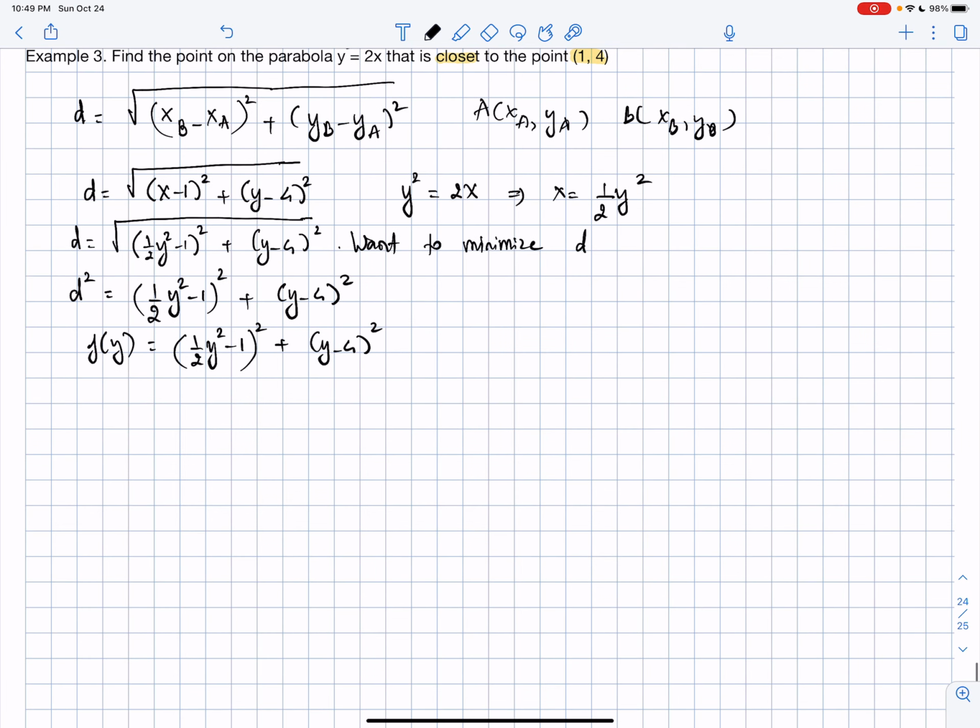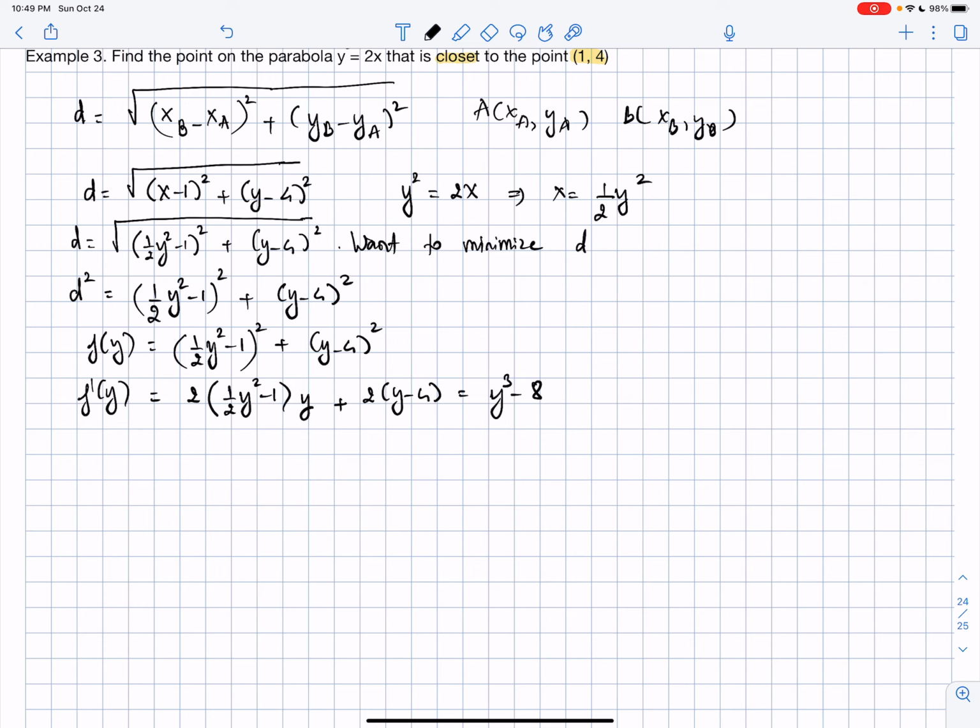Okay, now let's find the first derivative. Then we will use the chain rule. Now we open parentheses and combine like terms, so we will get y cubed minus 8.